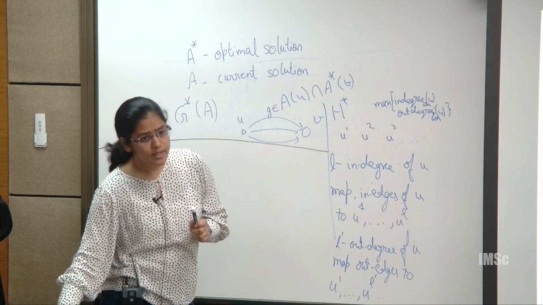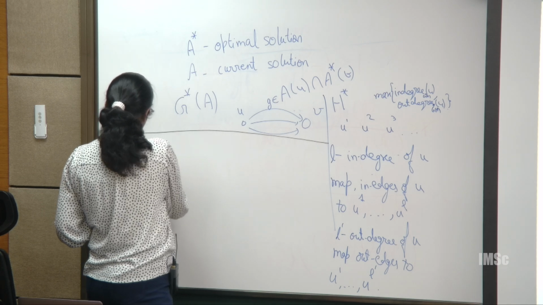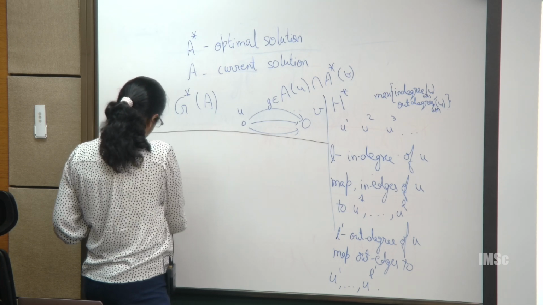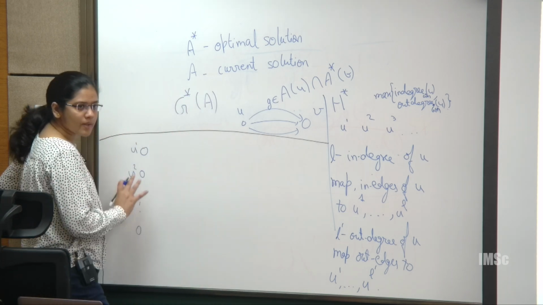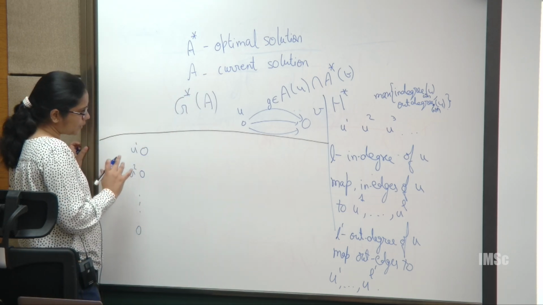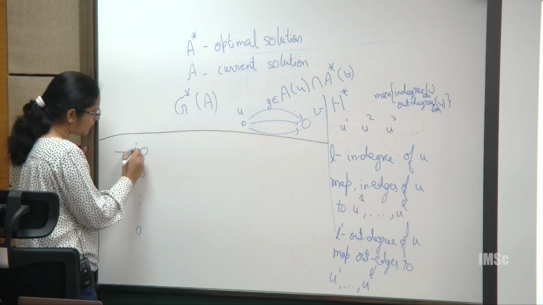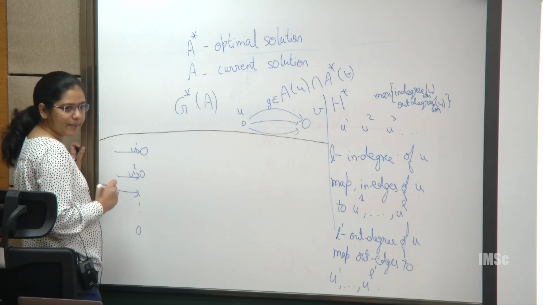So, whatever was maximum, you created those many copies, right. So, you have U1, you have U2. Are you able to see this part? Right. So, you have this. Now, what will I do? In degree, I start mapping, right.